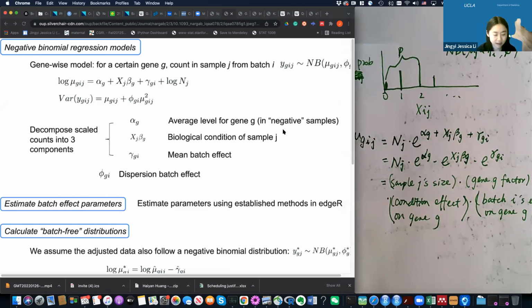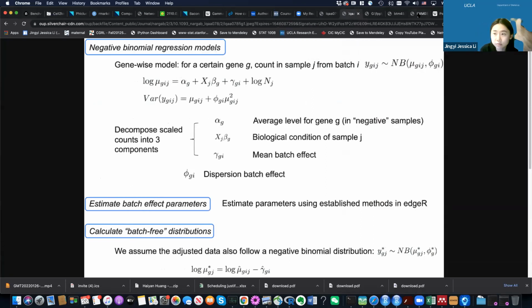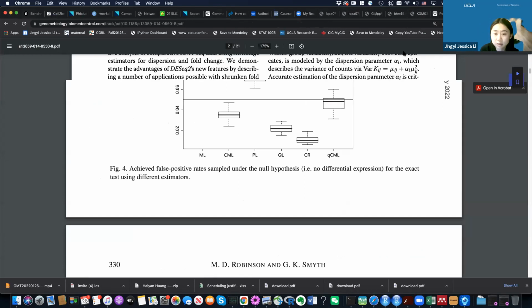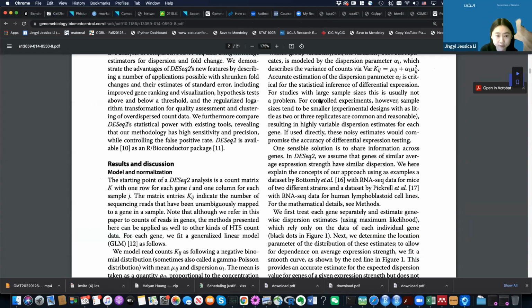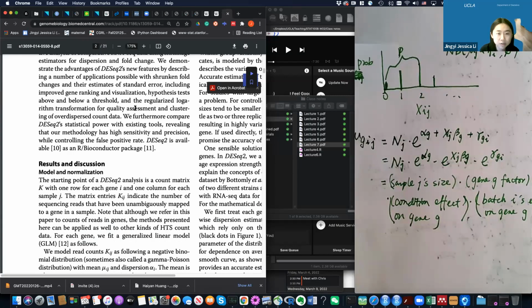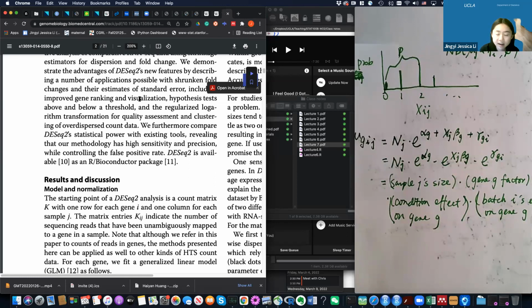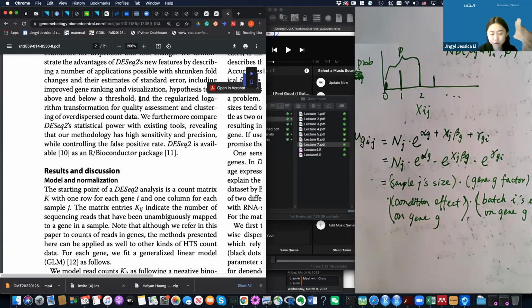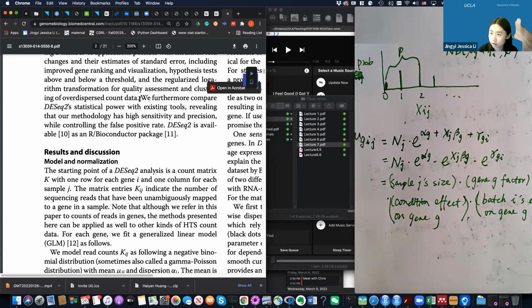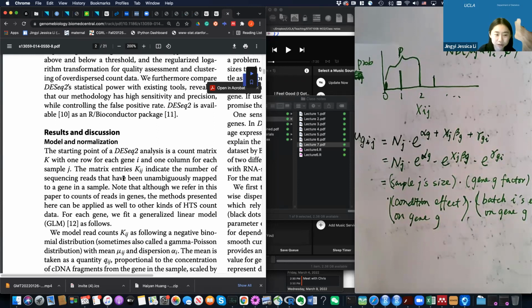Another thing I want to show you is DESeq2. This is the DESeq2 paper. DESeq2 and edgeR have very similar models. They're both based on negative binomial regression, a special case of generalized linear model. Let's look at DESeq2 because this method is easier to read.